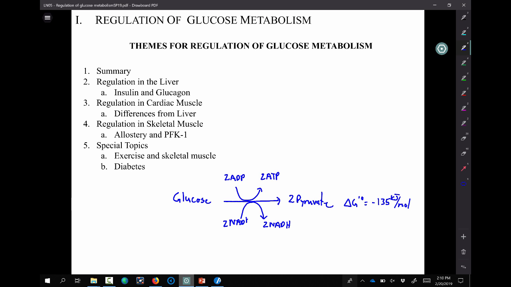Right, the Hill coefficient. Yeah, so we did talk a little bit about the fact that this is a standard free energy change, and that there are going to be actual free energy changes that are exergonic. And I went on to say that the irreversible steps in the cell are catalyzed by enzymes that are slow.